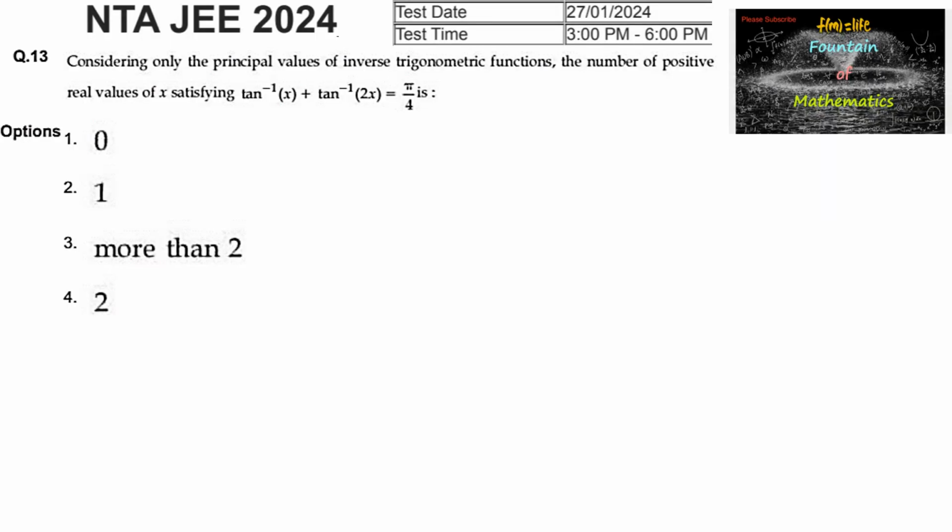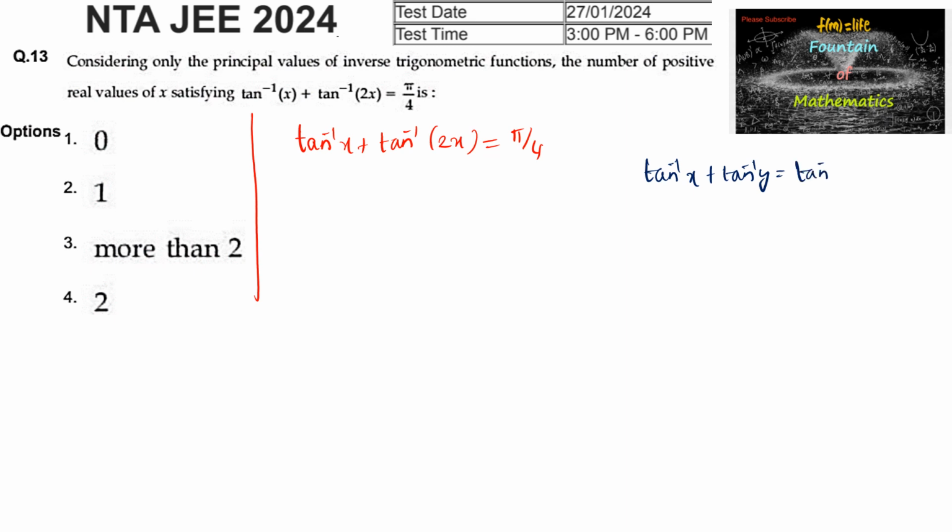Considering only the principal values of inverse trigonometric functions, the number of positive real values of x satisfying tan inverse x plus tan inverse of 2x equals pi by 4. And we know that tan inverse x plus tan inverse y is equal to tan inverse of (x plus y) upon (1 minus xy).